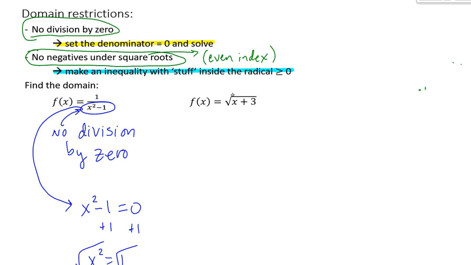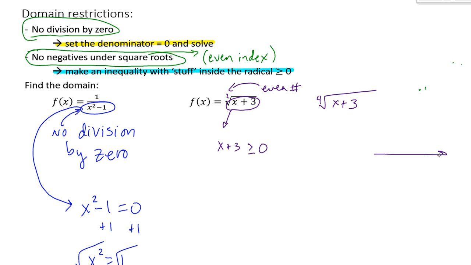All right, the second one. This has got a radical, an even root radical, right? This would hold true even if, say, it was the fourth root of x plus 3. Same process. Take this stuff that's underneath. This time you're going to make an inequality, greater than or equal to 0. That's all the positive numbers, right? Everything on a number line that's bigger than or equal to 0 is positive.